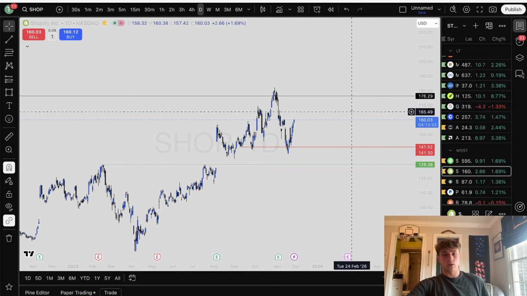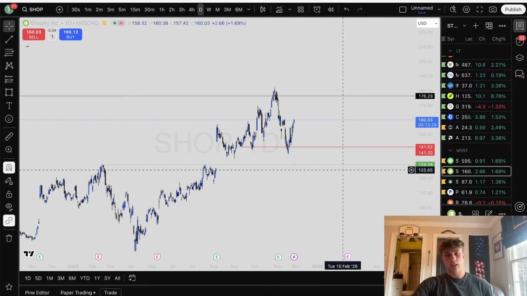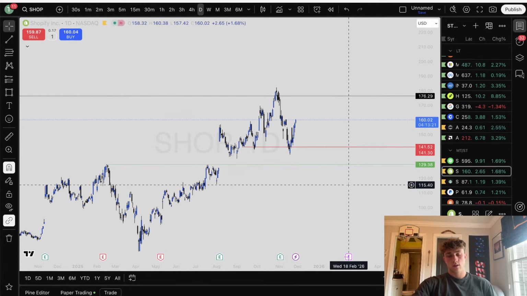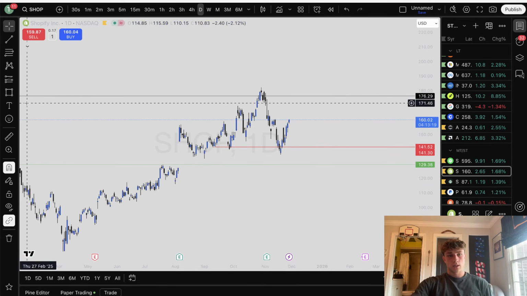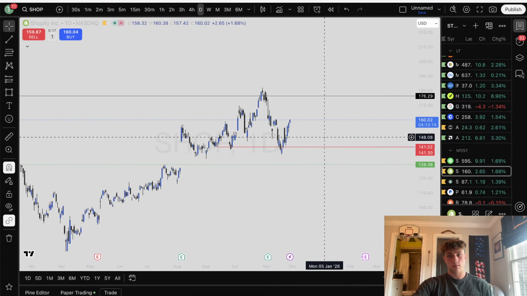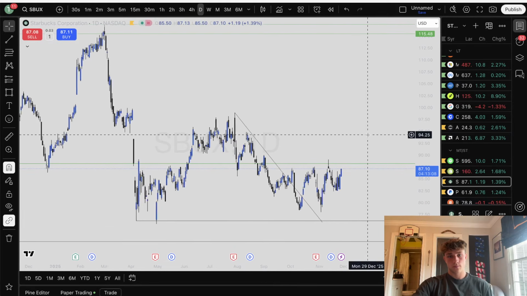I do want to be exposed to the consumer market, like with Shopify and stuff like that. I probably should have listened to my dollar cost average at 140. Why is Shopify reacting to this so much? Up 15%, bro. I'll wait for a better price.